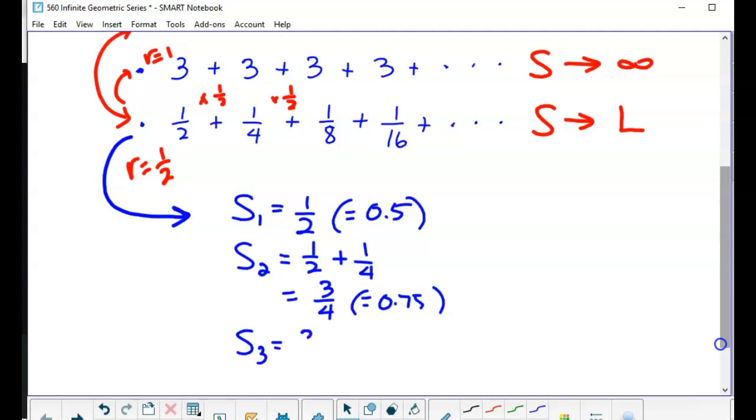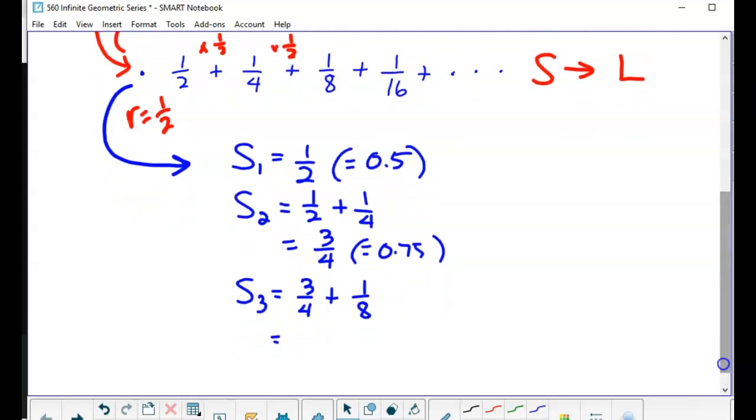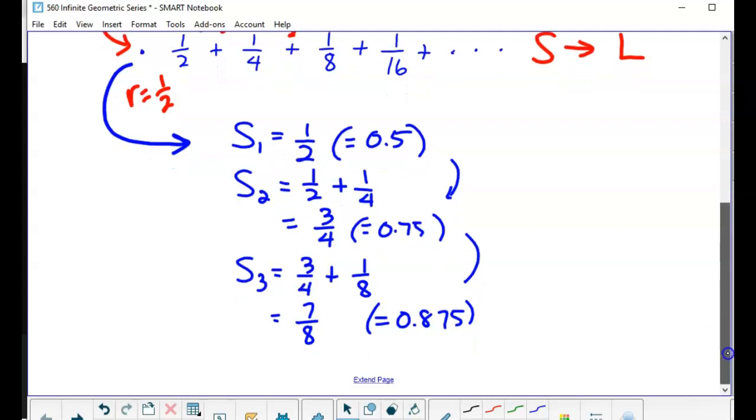S3 is S2 plus the next term, which is 1/8. So that's going to be 6/8 plus 1/8 is 7/8. And that's equal to what? 0.875? I think. Yep. Okay. So the sums are getting bigger but the gap between the sums, that's 0.25. This is 0.125. The gap between them is going to be smaller.